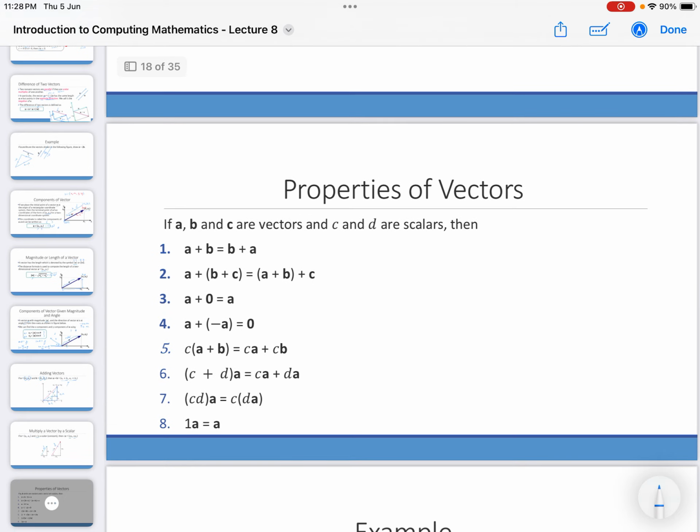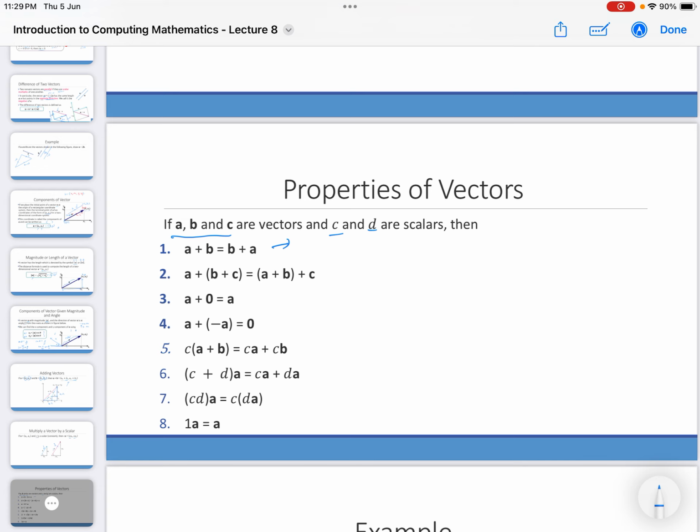So these are the properties of vectors. If A, B, C are vectors, and C and D are scalars or some constant values, then the first property is A plus B equals B plus A. This one we already know from the parallelogram law just now.